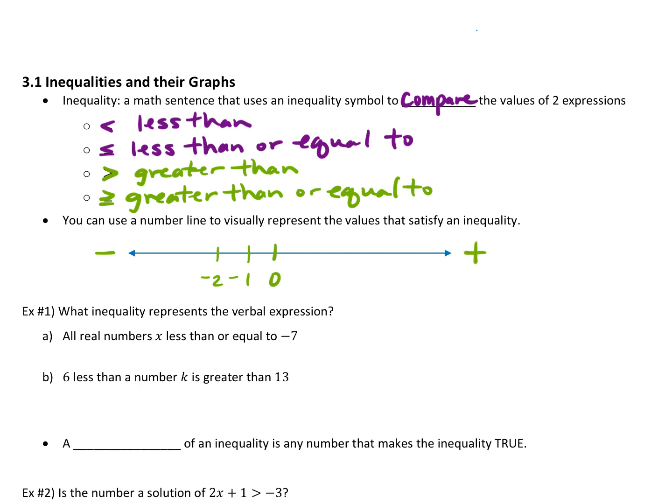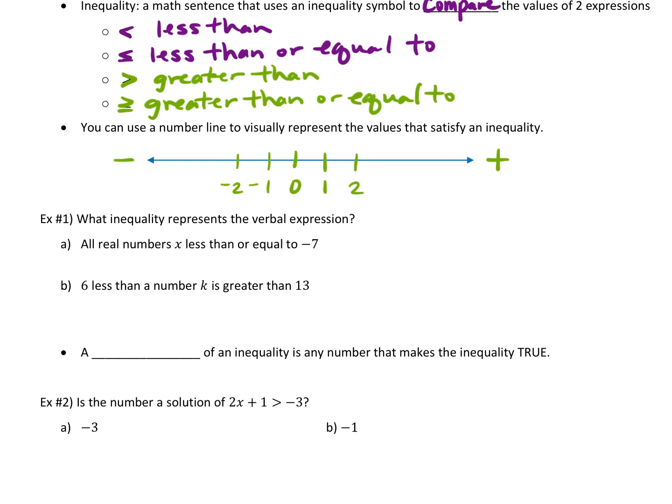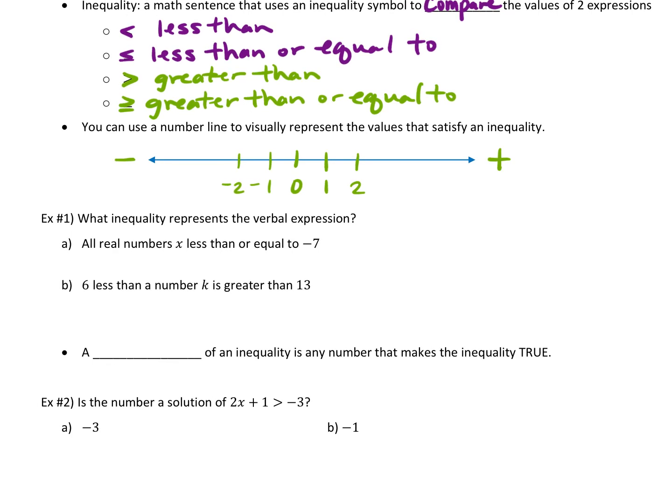If you're moving to the right of 0, that's your positive side, so 1, 2, so on and so forth, okay? So we're going to spend quite a bit of time with number lines in this chapter. Any questions about any of that so far?